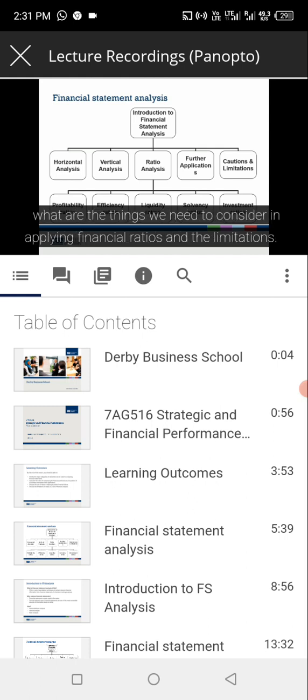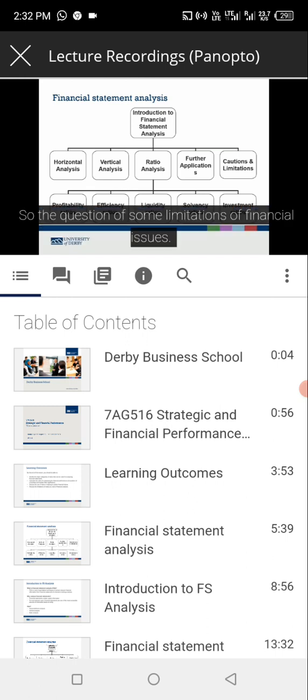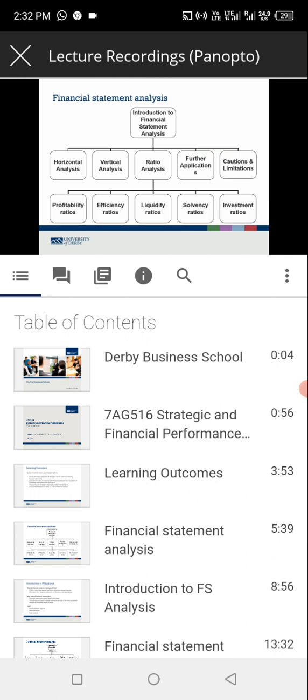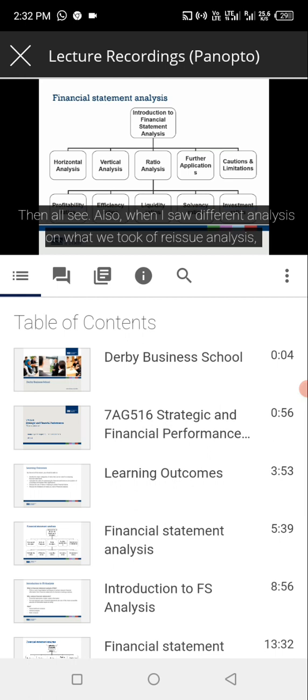What are the things we need to consider in applying financial ratios, and the limitations. So, the cautions and limitations of financial ratios, or we can say caution in financial statement analysis.